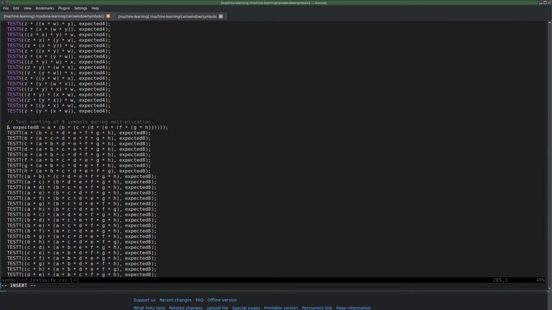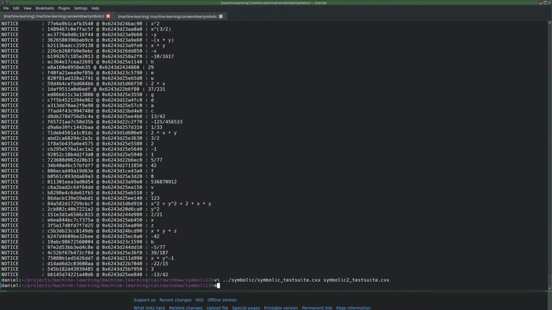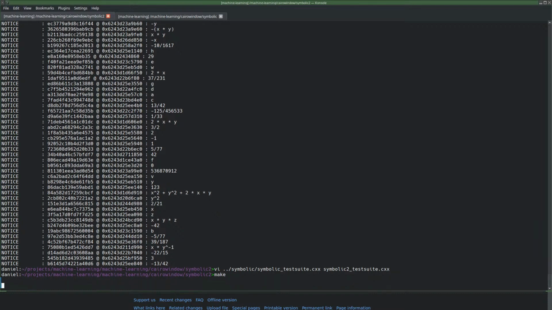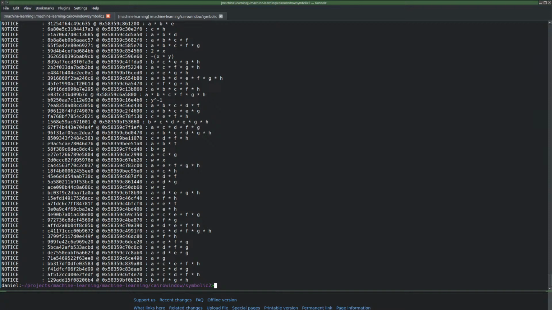Let's make it an expression. It keeps on working.